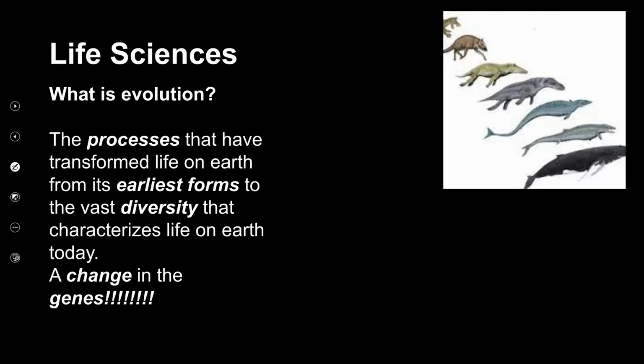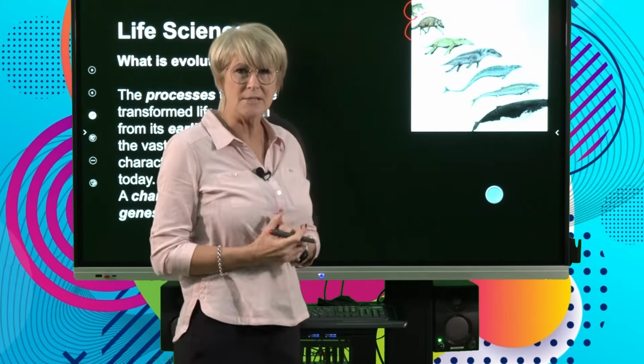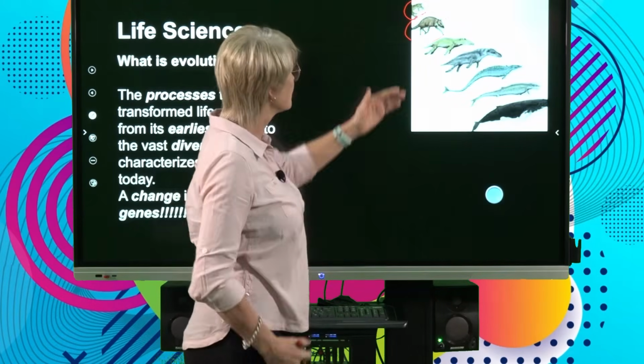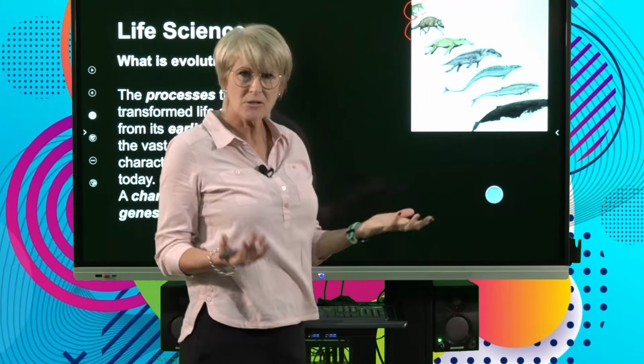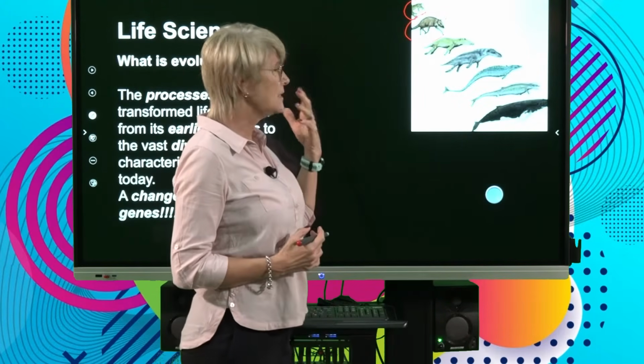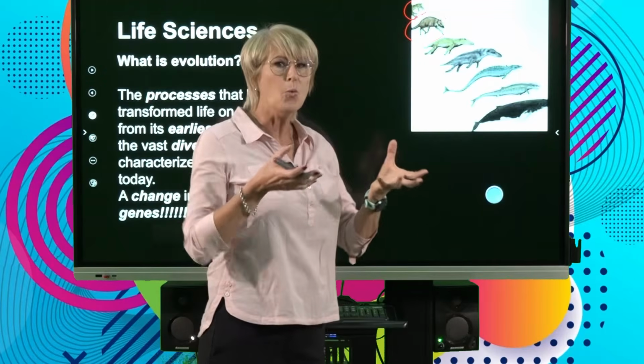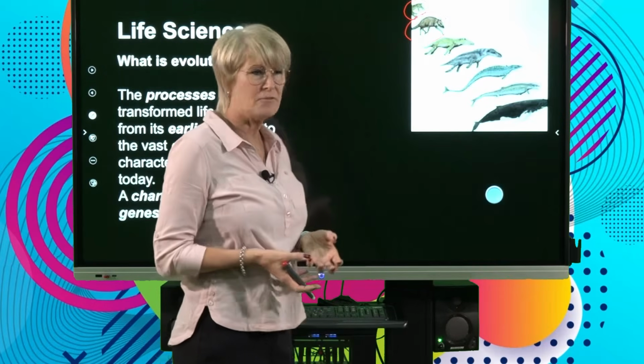This is why we have such a nice clear record of how whale evolution took place. If we have a look right at the top here, we can see this is a four-legged animal. And if we look at the next one, we can see that they've got 4 legs and they look like land mammals. In fact, it was very similar to a dog-like organism that lived on land. Obviously the environmental conditions changed and they needed to adapt to a more aquatic environment.